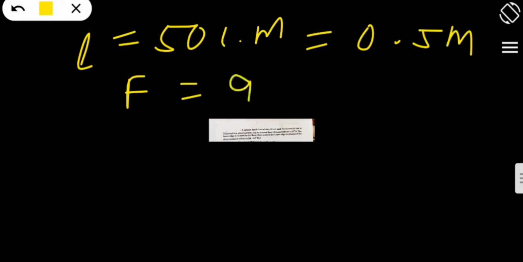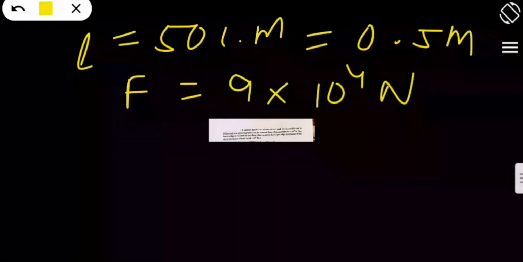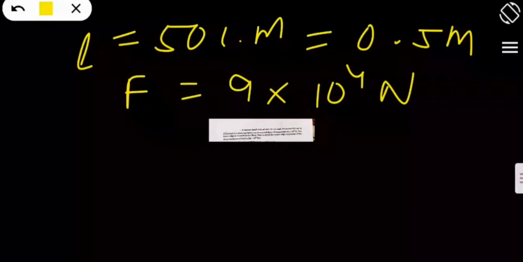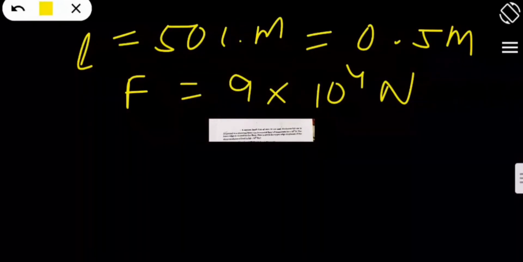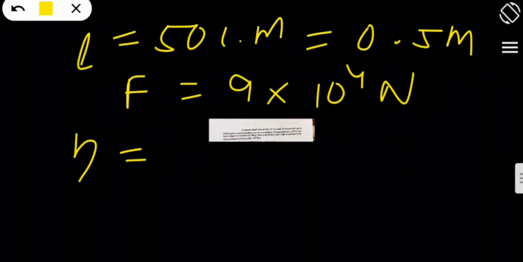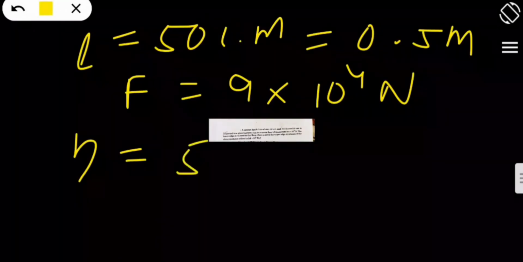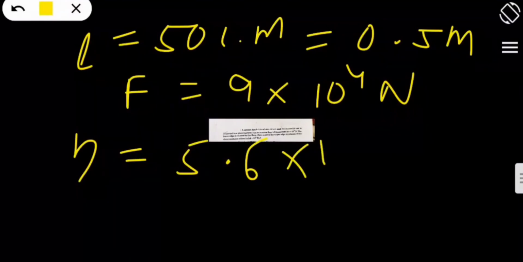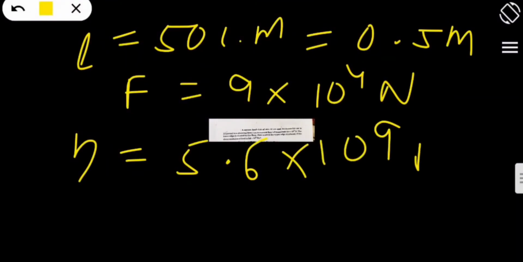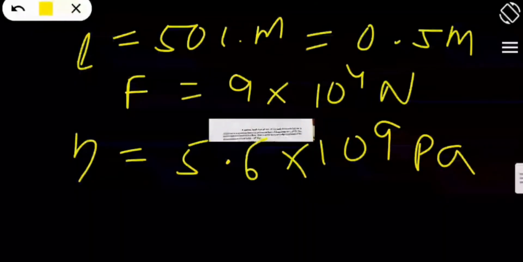Shearing force is being applied, 9 into 10 to the power 4 Newton. Next is eta, that is the shearing modulus. Shear modulus is given 5.6 into 10 to the power 9 Pascal.